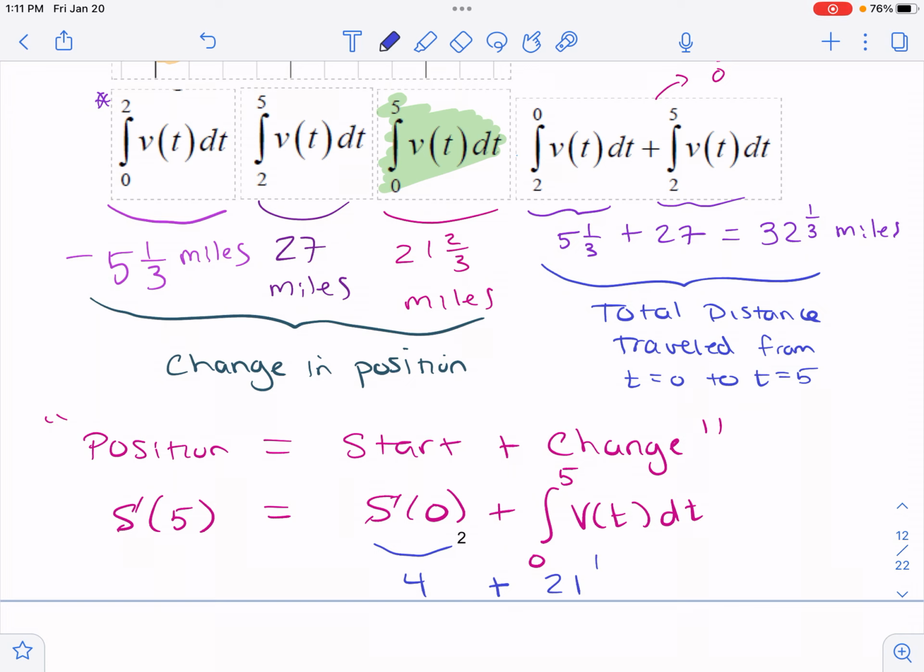Where I am at time 5 is where I was at time 0, plus how I changed on the time interval 0 to 5. So the car is at position 25 and 2/3, which is obviously the positive direction since it's positive.